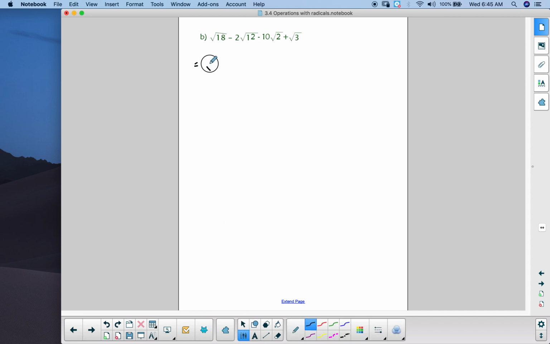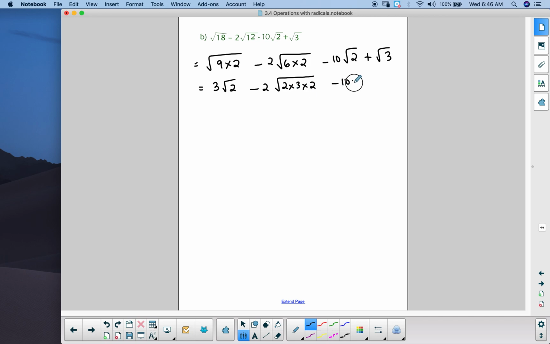So that's root of 9 times 2 minus 2 times root of 6 times 2 minus 10 root 2 plus root 3. So these ones I can actually take out the perfect square. Square root of 9 is 3, so it's 3 times root 2 minus 2 times, 6 can be written as 2 times 3 times 2, minus 10 root 2 plus root 3.